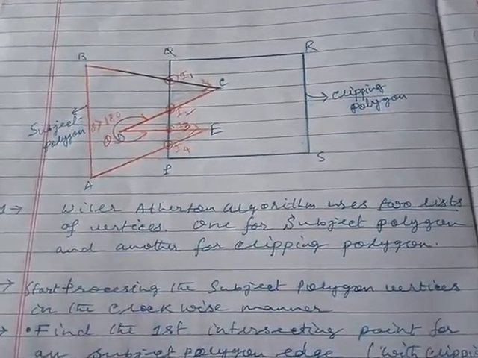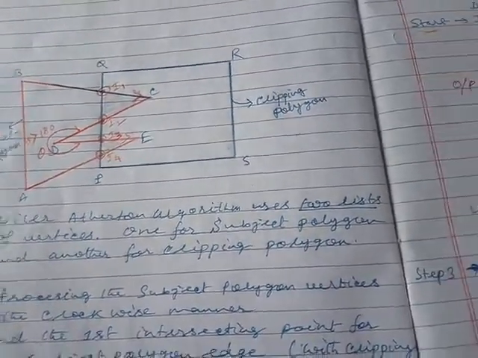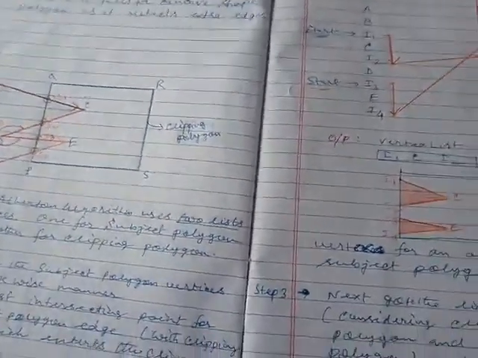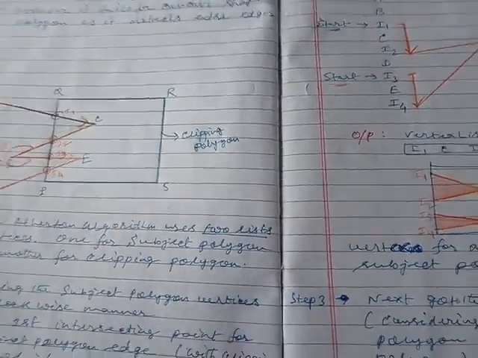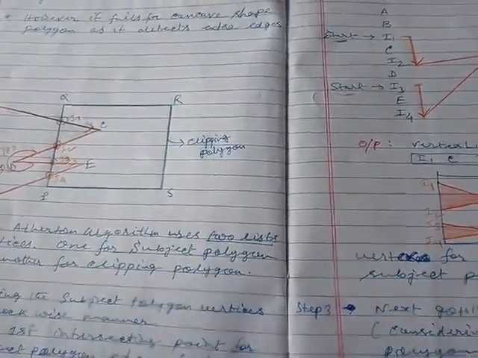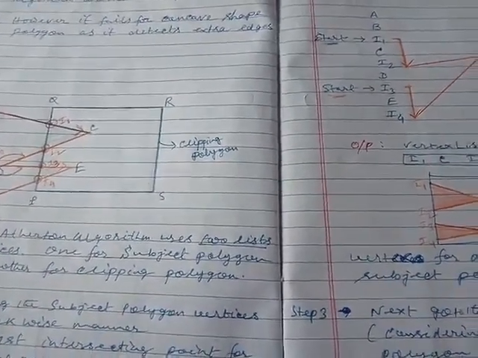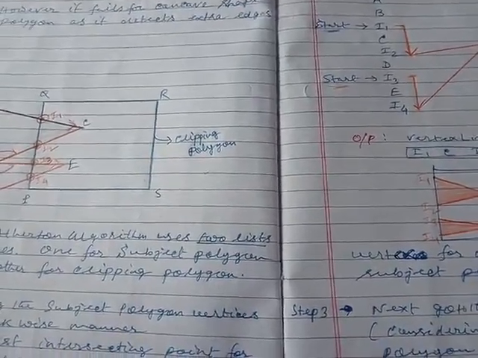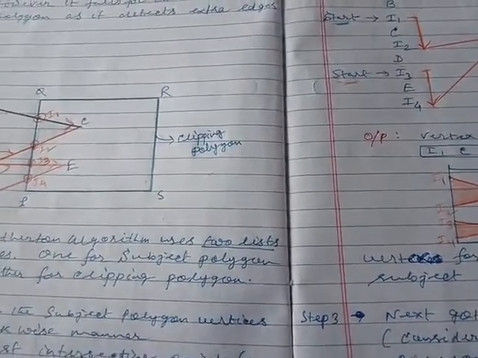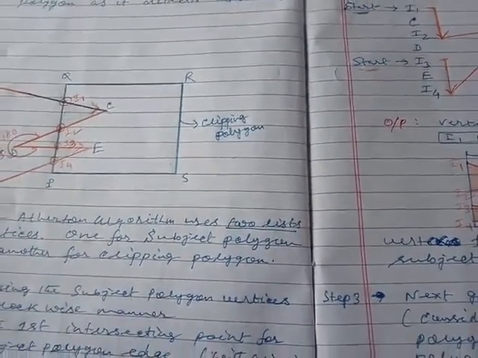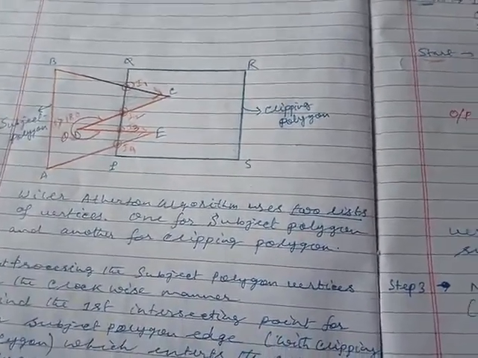incoming edge of a subject polygon, and we will start the procedure from there by following the subject polygon edge in the clockwise manner and go on keeping the vertices until we do not get any intersecting point for an outgoing edge of a subject polygon.